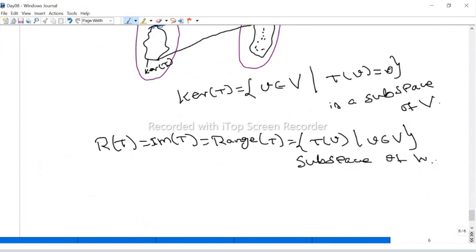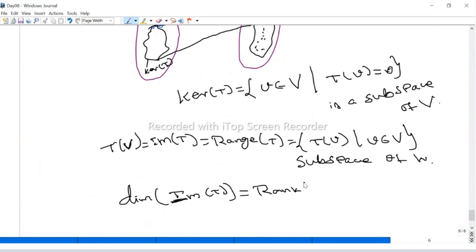Now for any subspace we can talk about the dimension. We take the image of T, or sometimes called T of V, T of capital V. The dimension of the image of T we define as the rank of the operator T. So rank of T is nothing but the dimension of the image.